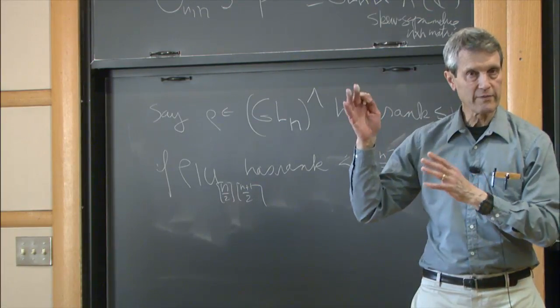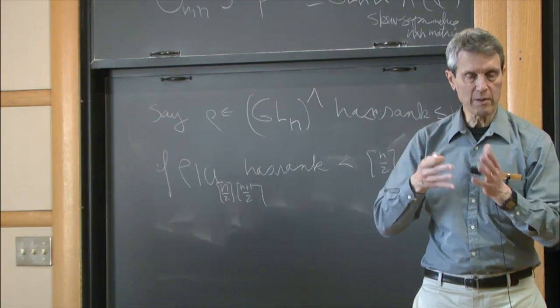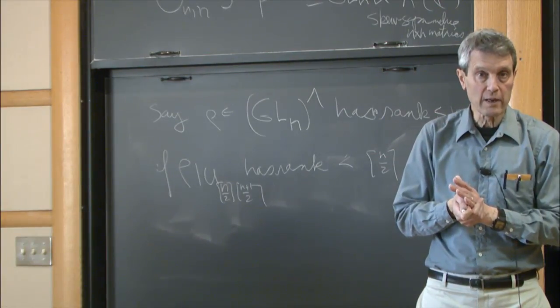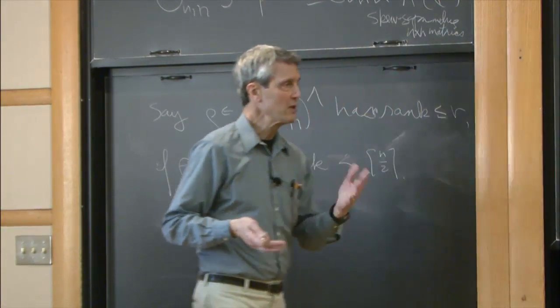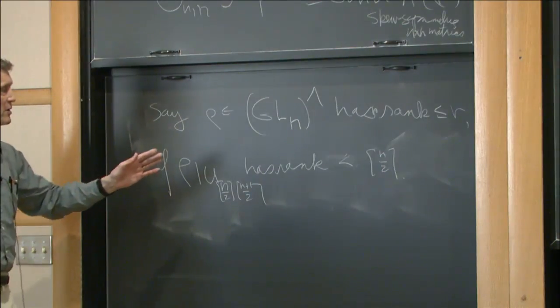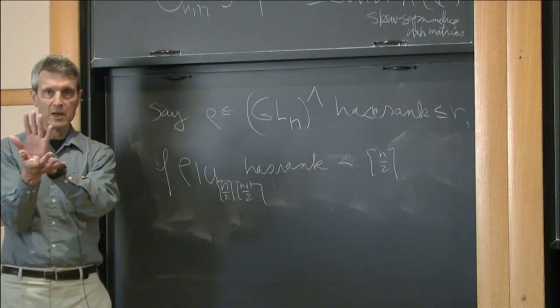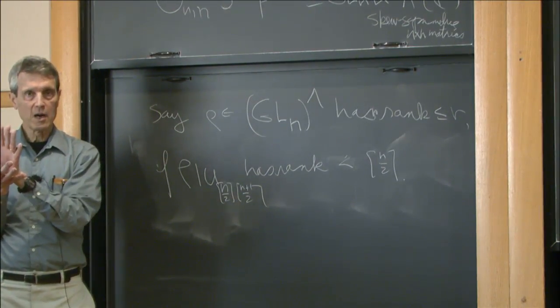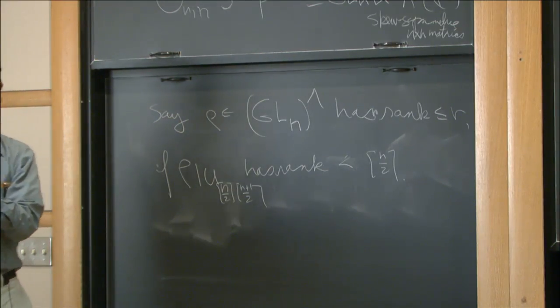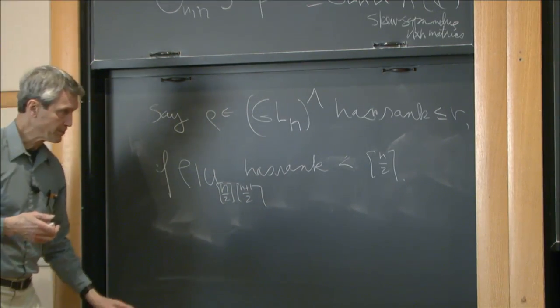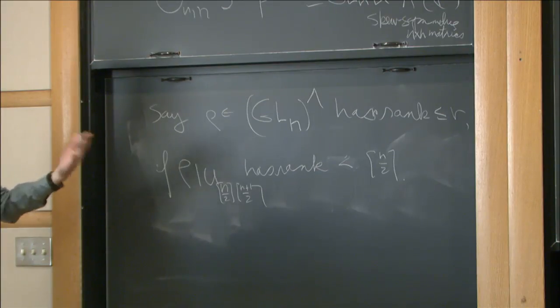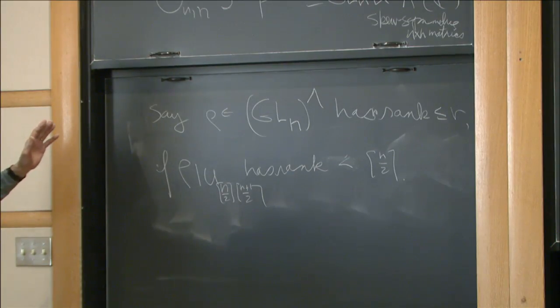But of course, if the rank is bigger than the minimum of K and L, you can't learn anything. So your best chance for learning is if you take the most squarest possible unipotent radical. But in a minute, we're going to go beyond that limitation anyway.